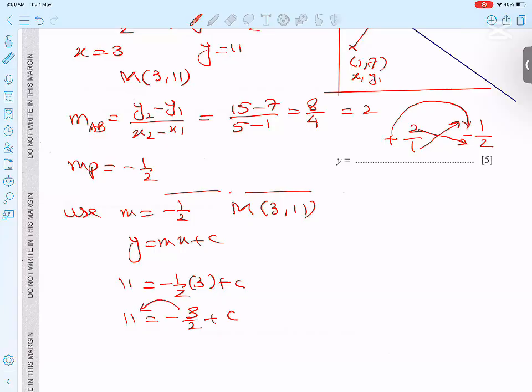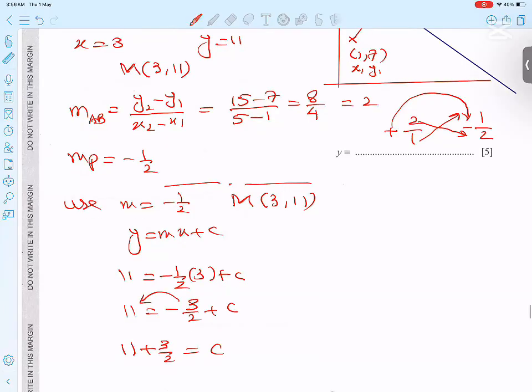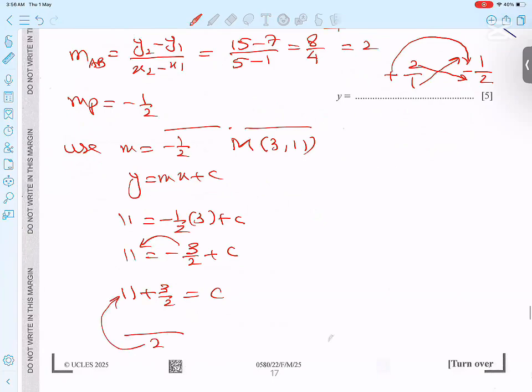This goes to the left side as plus 3 over 2. LCM is 2, 2 multiplied by 11 is 22. So finally, I got the c value, 25 over 2.